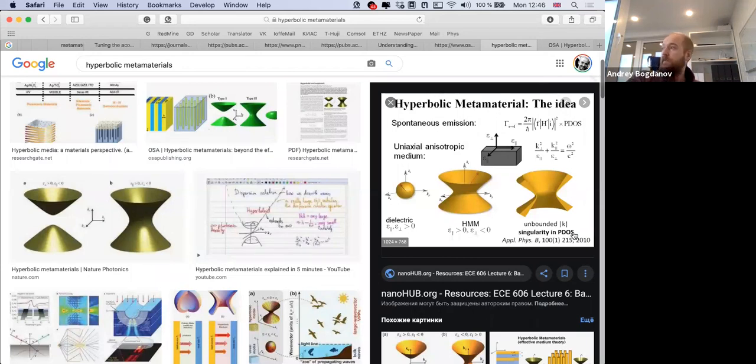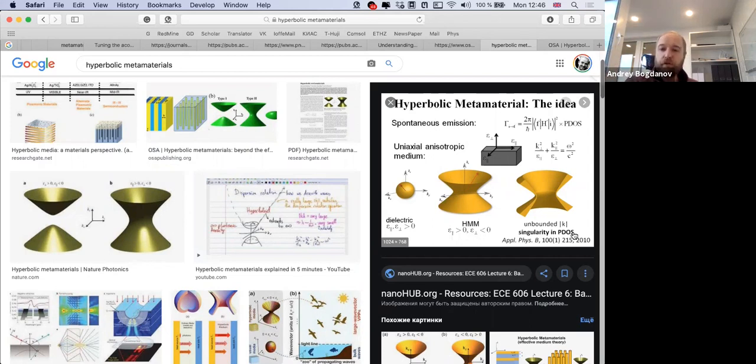So, for example, if you put some oscillating dipole inside hyperbolic metamaterial, the probability to radiate an electromagnetic wave is proportional to the density of allowed states.